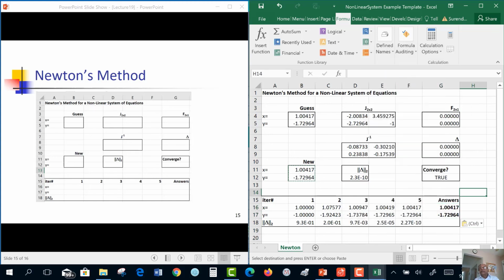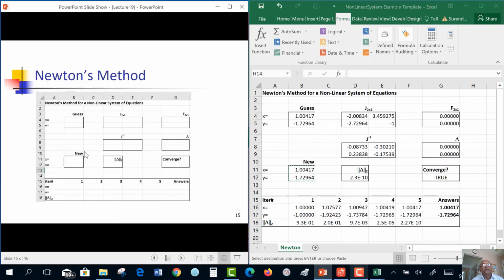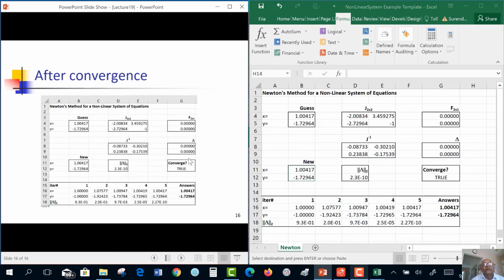That's our final answer. So you can see graphically we had guessed approximately 1 and negative 1.7, and that's what we are getting now. So this is our last slide.